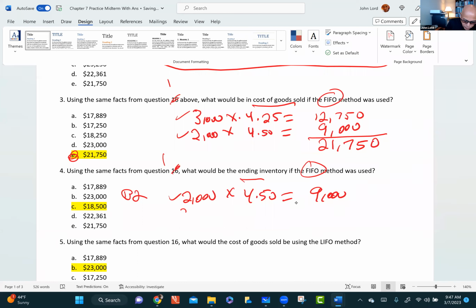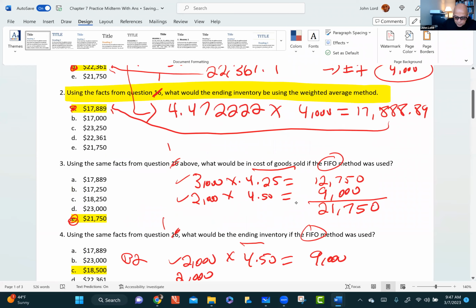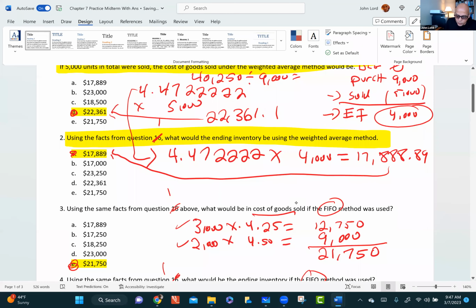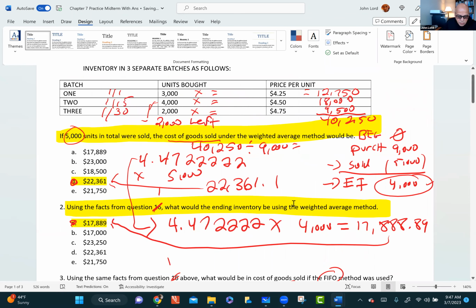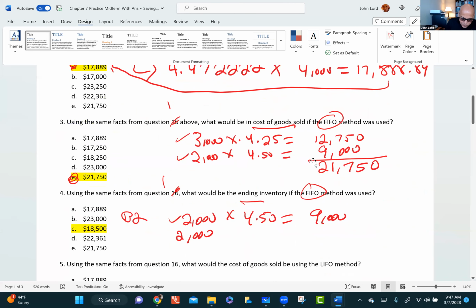And then the other 2,000 that have to be left to constitute my ending inventory, right? Because I have 4,000 units left in ending inventory. It's important, to help me keep track of what I'm doing, that the 2,000 units that are left from the first calculation all came in at 4.75.